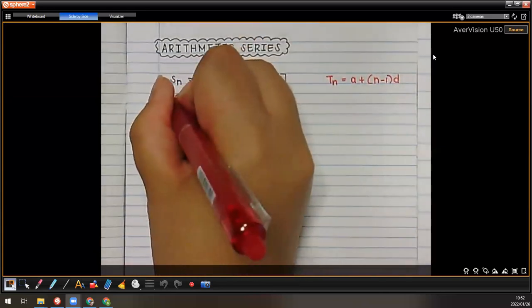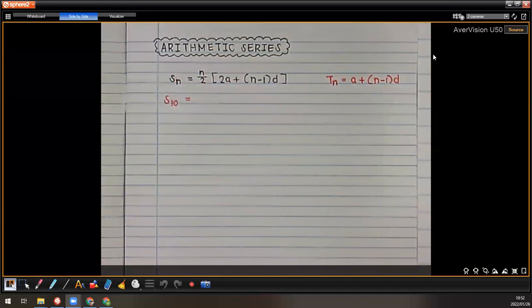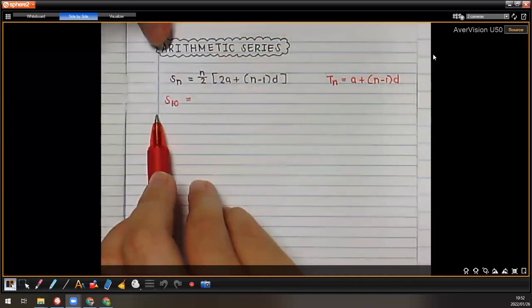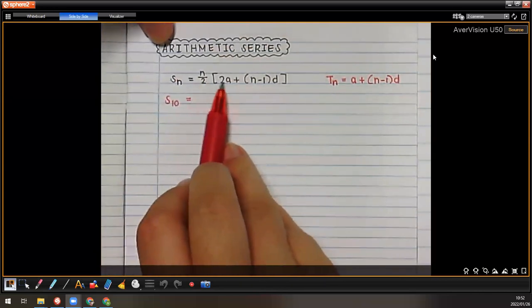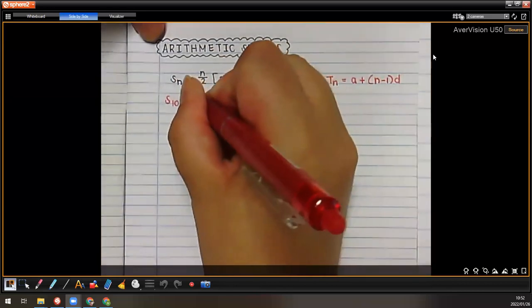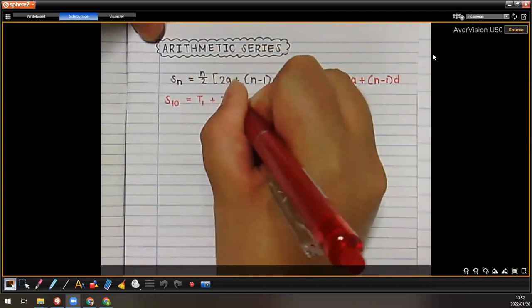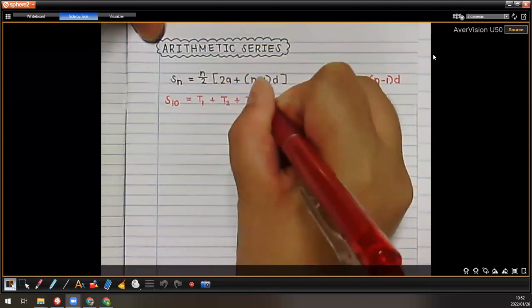Now remember, I'm just doing this as an example, so this line is actually not a part of the proof. It's just an introductory example. If you are asked to find the sum to 10 terms, of course you can use this formula if you have your a and d values, but you can also just add the 10 terms together.